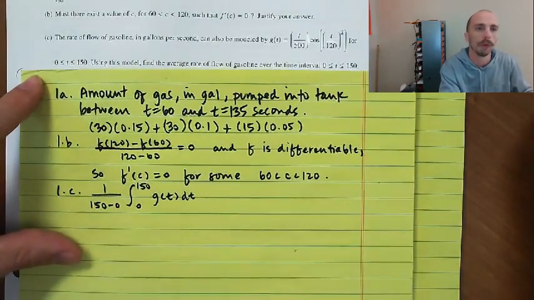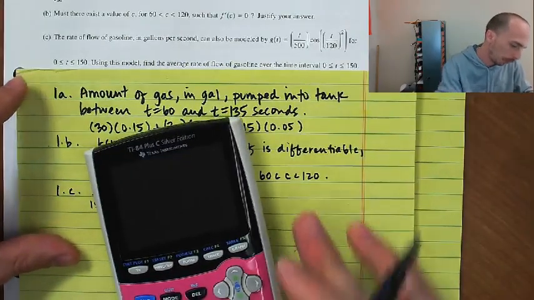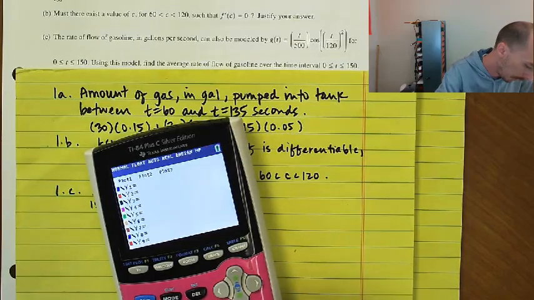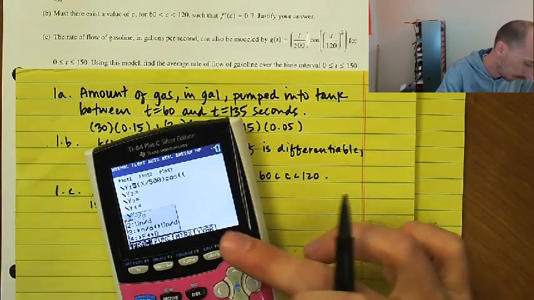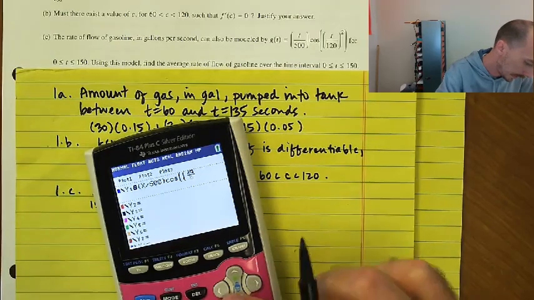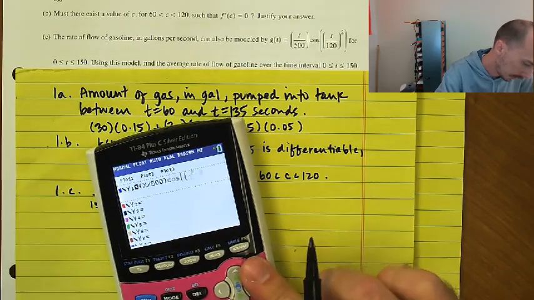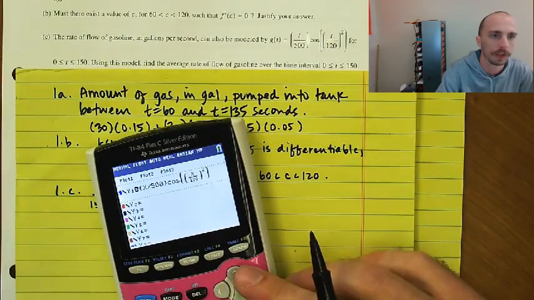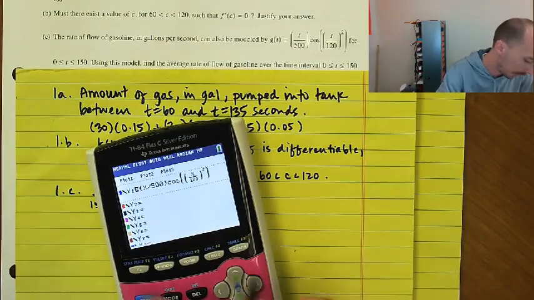So I'm going to store this into y1 right now. Because if I'm going to use it more than once, then I think it's worth storing. So I'm going to go to y1, and I'm going to say, all right, t divided by 500 multiplied by cosine of, maybe I should use a fraction bar here, t over 120, and then I square that. And then, yeah, just like it looks. Okay, so I've got that in there.